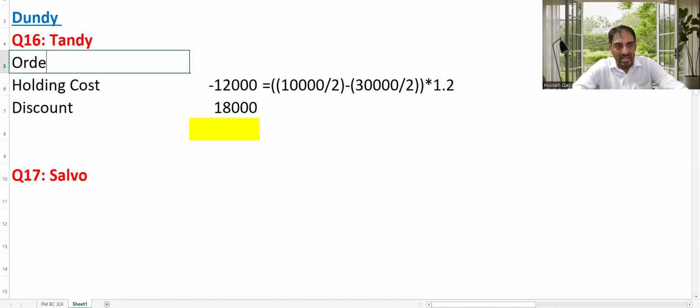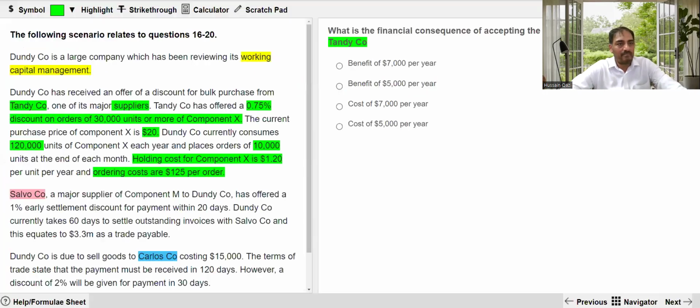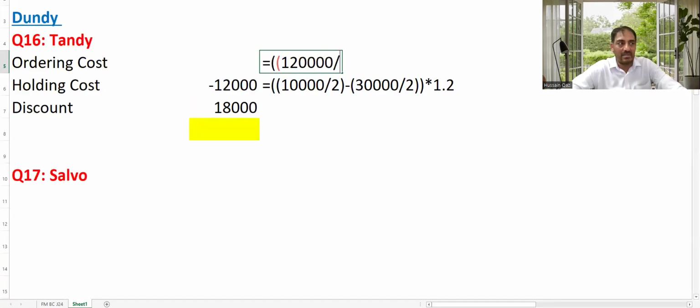But what about the ordering cost? The number of orders will automatically reduce. Previously 120,000 divided by 10,000, that means 12 orders, minus 120,000 divided by 30,000. The number of orders is reduced, multiplied by 125. That means you can save 1,000 in cost on a yearly basis.